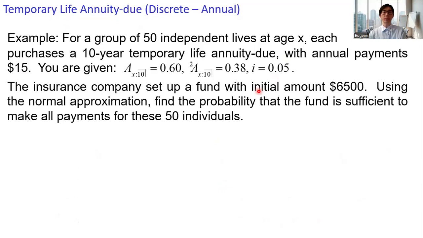The insurance company sets up a fund with initial amount 6,500. Using the normal approximation, find the probability that the fund is sufficient to make all payments for these 50 individuals. And of course, we are evaluating this at time 0.